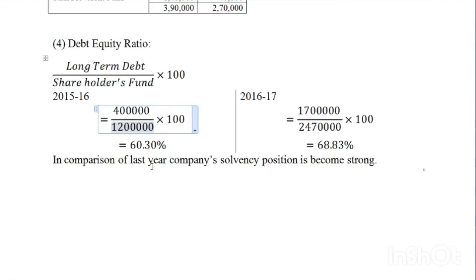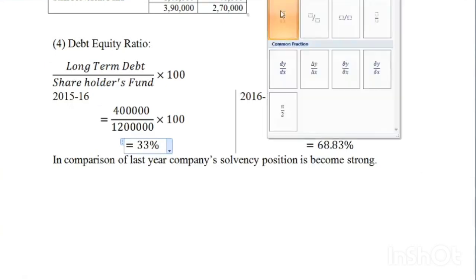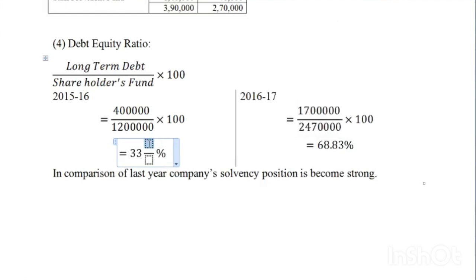What is your answer now? 33.33 percentage. So 33 and 1/3 percentage we can say. In a systematic manner we can write it like this: 33 and 1/3 percentage. 33.33 will also do.